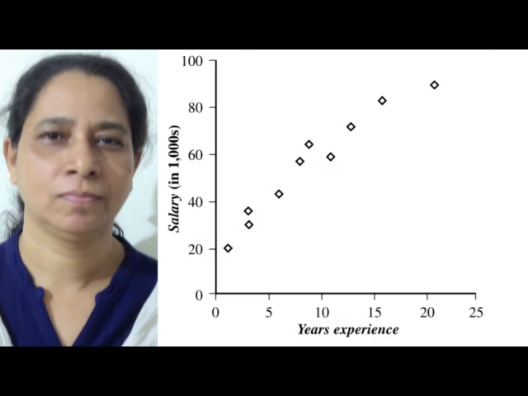When you plot the data, it is almost a straight line. The 2D data can be represented as a graph on a scatter plot as displayed in the slide. In the x-axis, the independent variable years of experience is taken, and in the y-axis, salary is used.